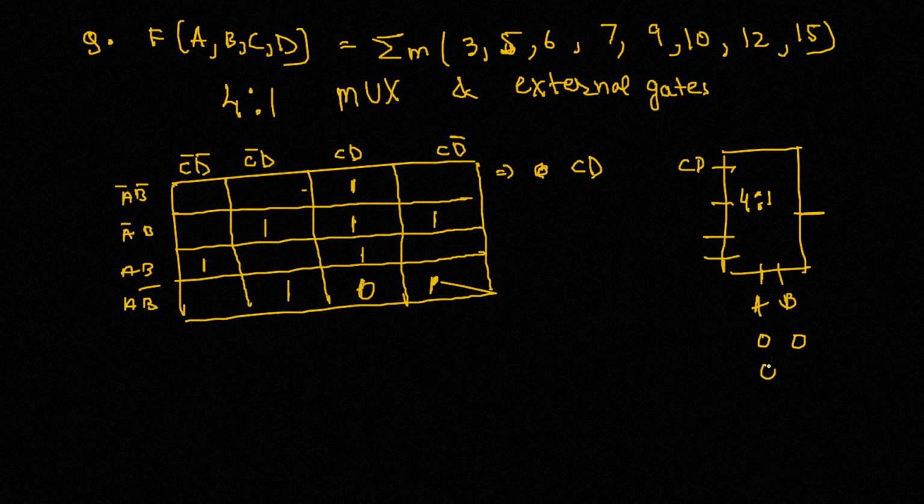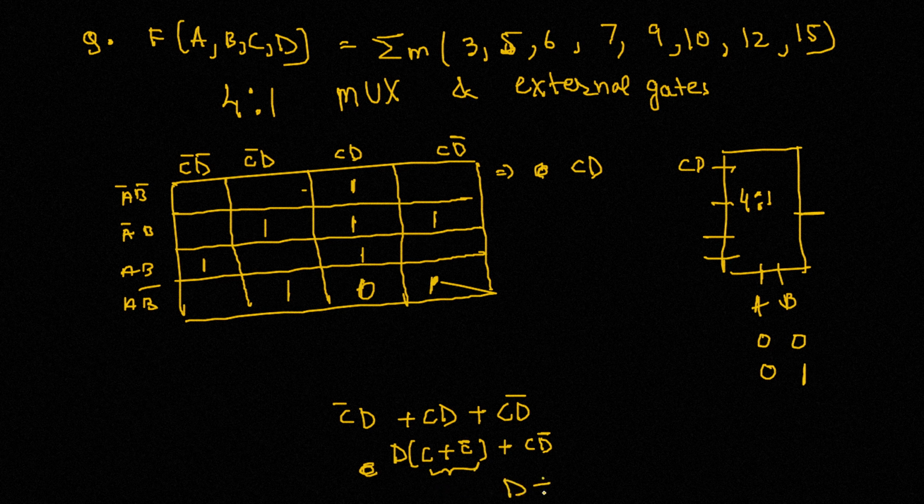And then we have 0, 1, which is A complement into B. So for A complement into B, you have C complement D plus CD plus CD complement. Right. So here let's take D common, and you will get D(C plus C complement) plus CD complement. So we know that C plus C complement is 1.